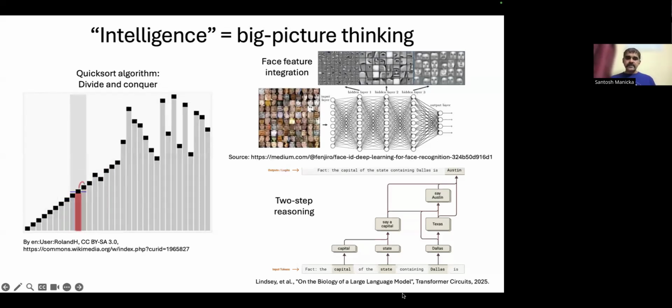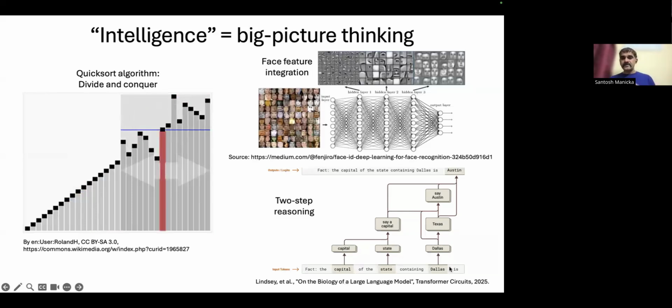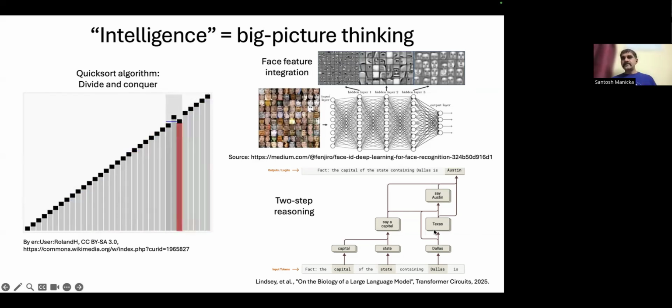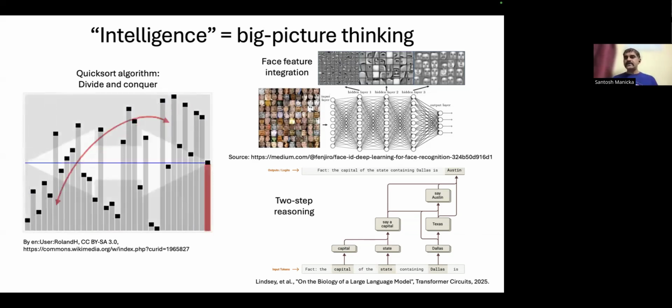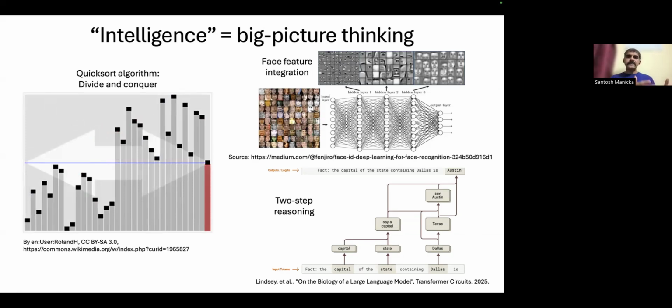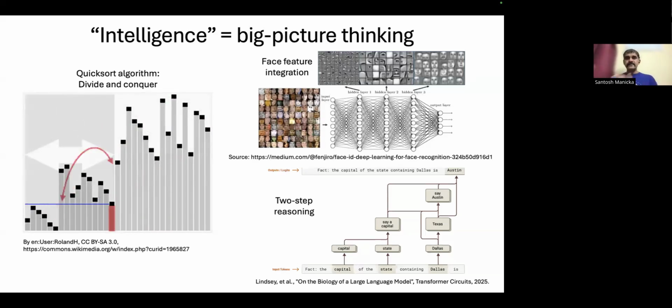But in a recent paper that just came out, called The Biology of a Large Language Model, they analyzed how these algorithms work, and they found that they follow a two-step reasoning, very similar to what a human would do to answer this question. In the first step, it figures out that the state that contains Dallas is Texas, and then in the next step, it tells you that the capital of Texas is Austin, right?